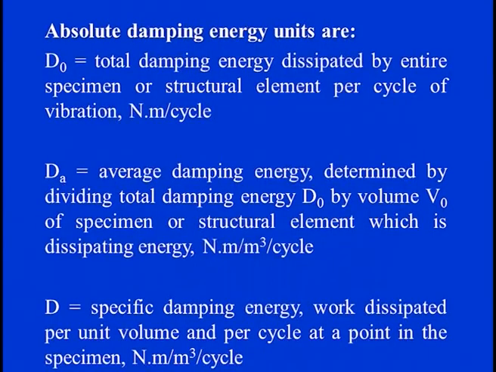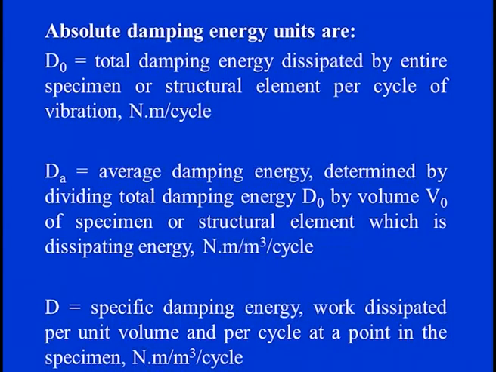In this case we are looking for an average effect, because sometimes the molecules behave in a nonlinear way. So, going with the total energy dissipation from the entire element does not give the specific feature. In that case we need the average impact, which is nothing but the total damping energy of the entire structure divided by the volume occupied by this specimen.